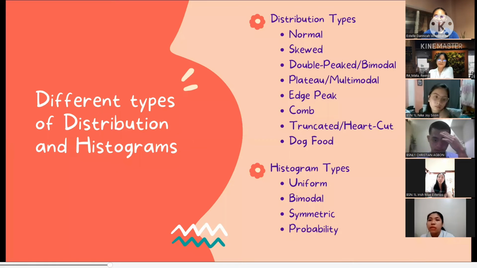Different types of distribution and histogram. Distribution types are normal, skewed, double peak or bimodal, multimodal, edge peak, comb, heart cut, dog food. The histogram types are uniform, bimodal, symmetric, and probability.